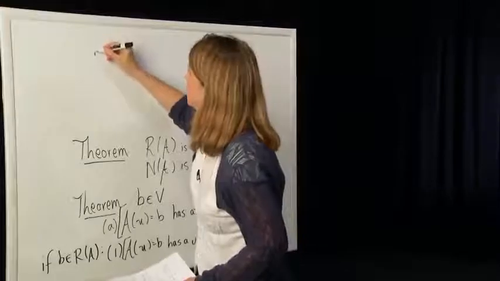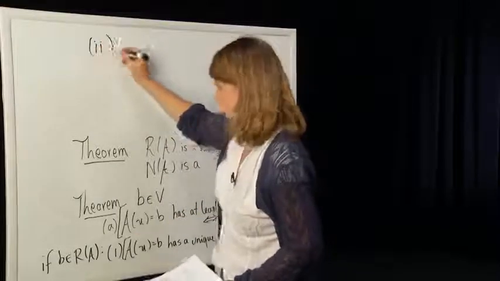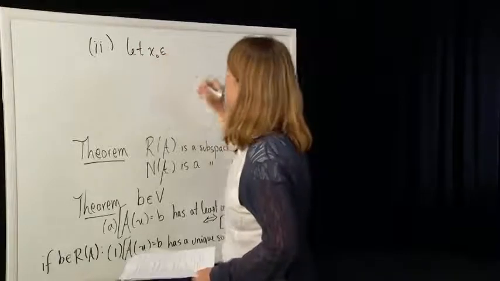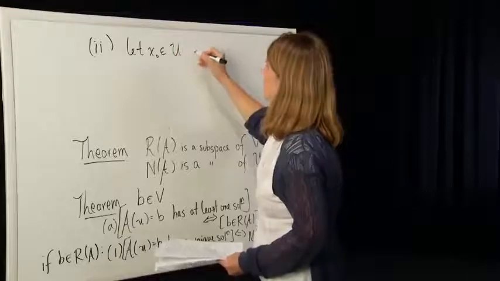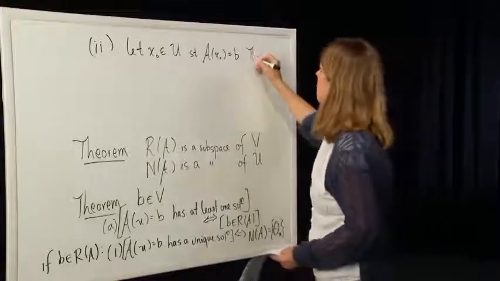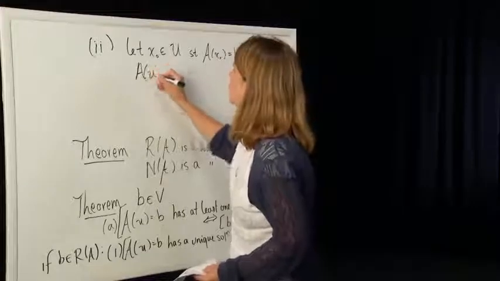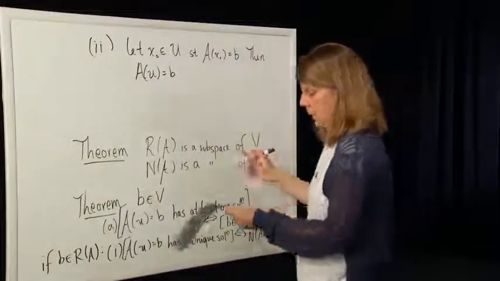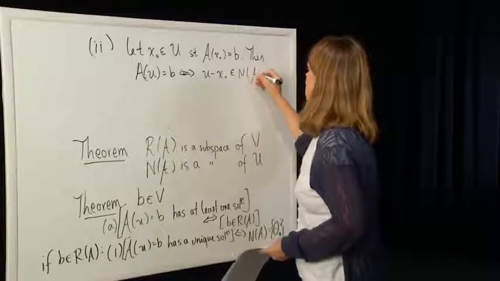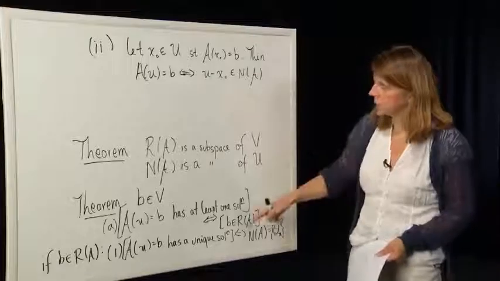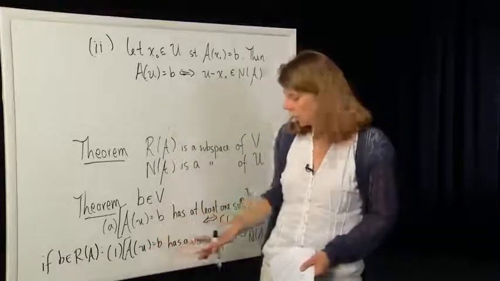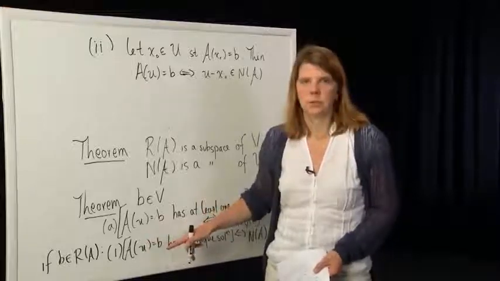If we're given a particular solution, so suppose we had a vector x naught in the domain U such that A operating on x naught is equal to B, then if AU is equal to B, that must imply that U minus x naught is in the null space of A. In these two statements, we can relate the null space, and something about the size of the null space, to the solution space of this linear equation.